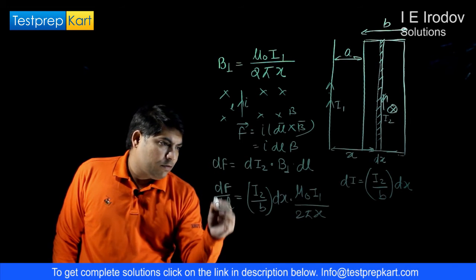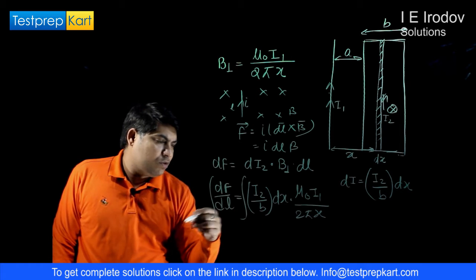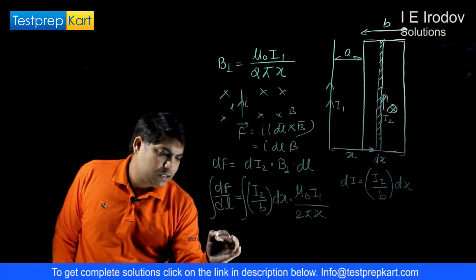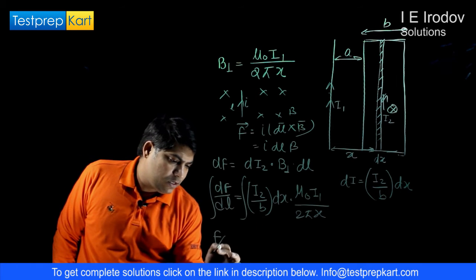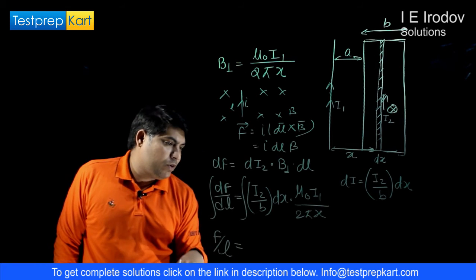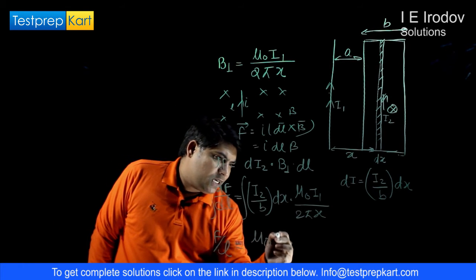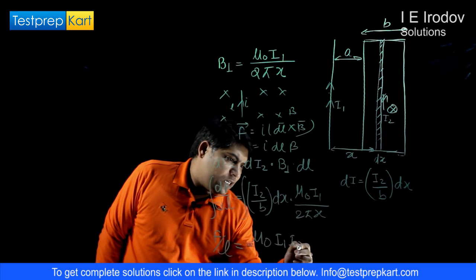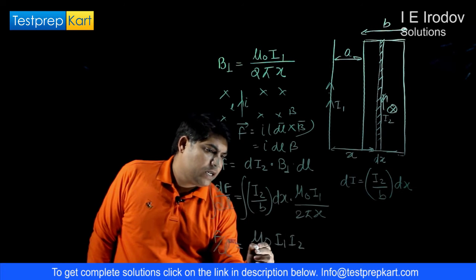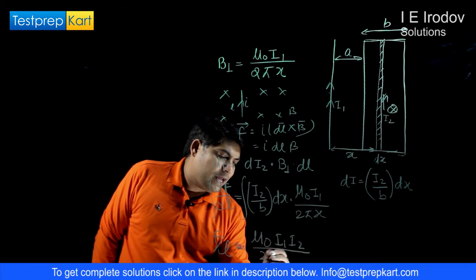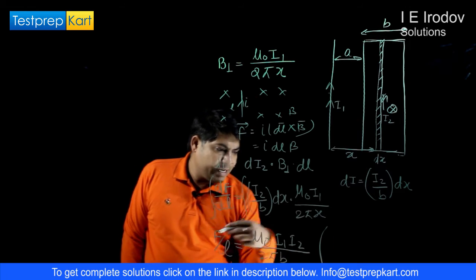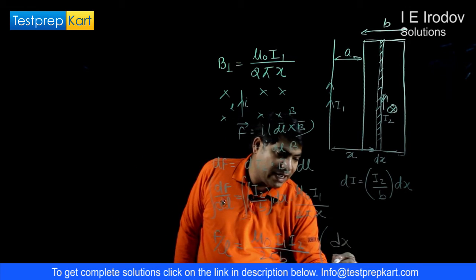To find the total force, let's simplify this term. The force per unit length is equal to the constant terms mu naught I1 I2 divided by 2 pi B, and the integration of dx over x.